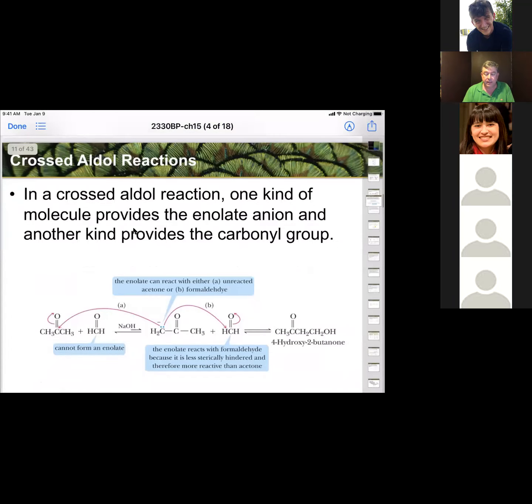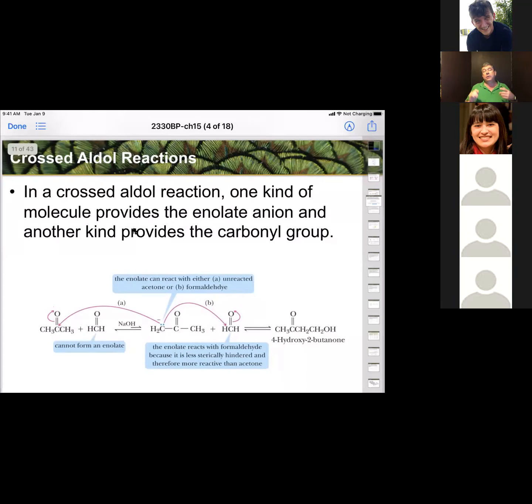Okay. Now, in those two previous reactions, we used the aldehyde that we made the enolate to attack another equivalent of the same kind of aldehyde. However, you can actually do it where you don't use the same aldehyde in both.